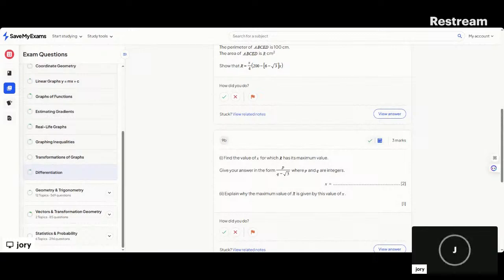By multiplying 3 over 2 by 2, so it's 3x, it's negative 3x plus 200 plus root 3 over 4 equals 0. 3x equals 200 plus root 3 over 4. 200 plus root 3 over 4 times.